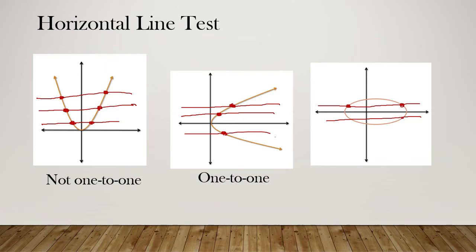We have 1, we have 2. So as you can see, the horizontal line intersects the graph at more than 1 point. So in that case, just like in the first graph, the third graph is not a one-to-one function.